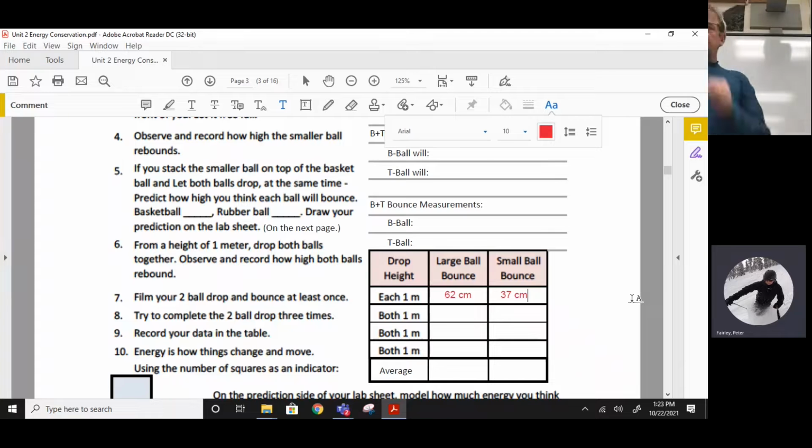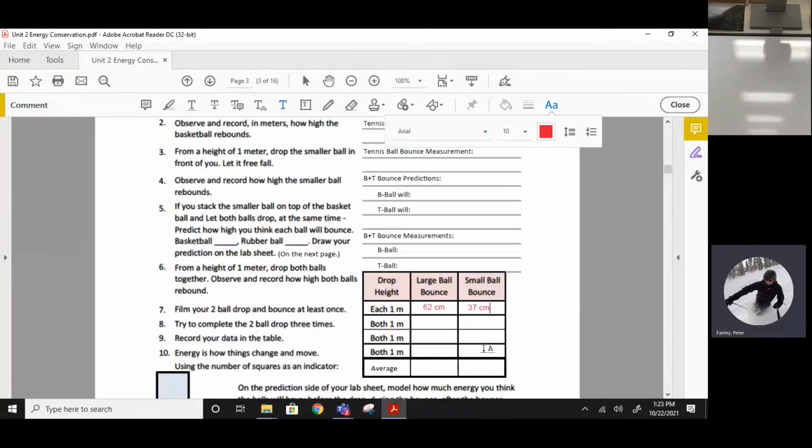That kind of surprised me a little bit too, that the tennis ball bounced back less than the basketball. Then we get to the point where I dropped both of them simultaneously. And this is the kind of data we ended up with by looking at these videos. The basketball, when it had the tennis ball sitting on top of it and it hit the ground, ended up bouncing less than it had before.